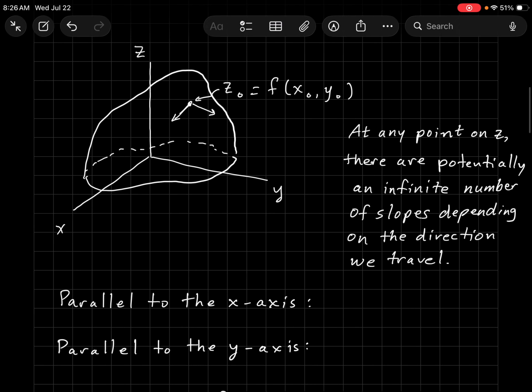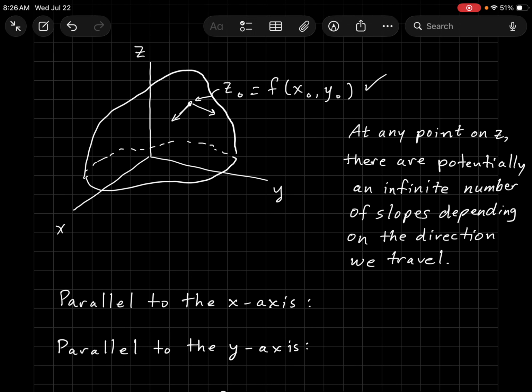Let me give you more explanation with this picture here. So z is a surface in space. I like to imagine it as being like a mountain or something. And imagine that you're standing at some point on the mountain, and I call that point z naught here.